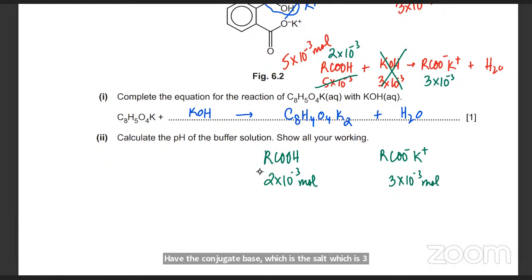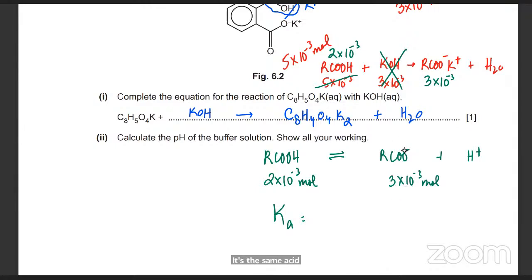Your K expression is this. Your equilibrium is the same. The K plus 1 is a spectator, so we can ignore that. So the equilibrium between the salt and the carboxylic acid is the same acid dissociation equation.